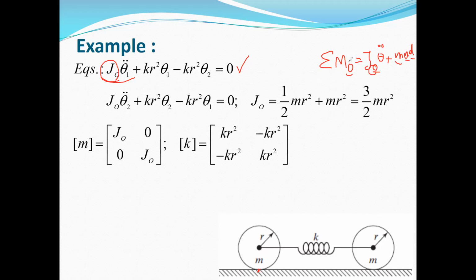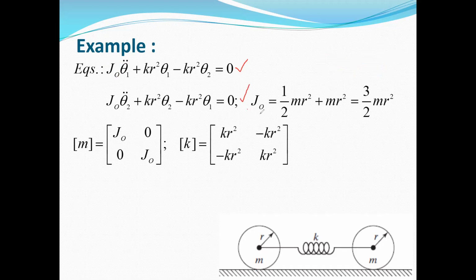But this point is the fixed point of rotation, so we only have the moment about this point. It's equal to Jo theta double dot. So easily you can extract the equation of motion for both cylinders.